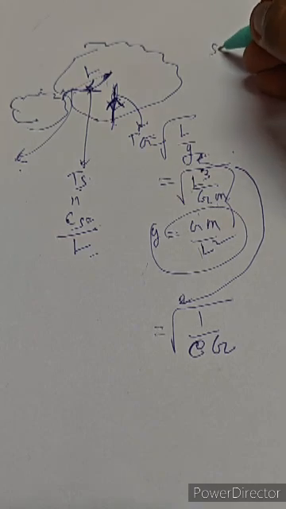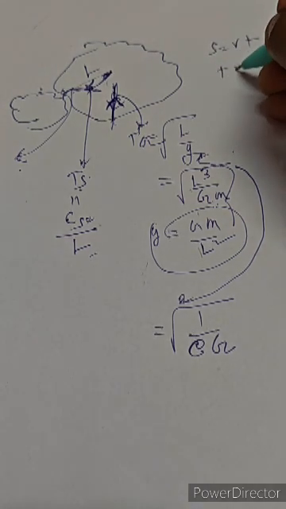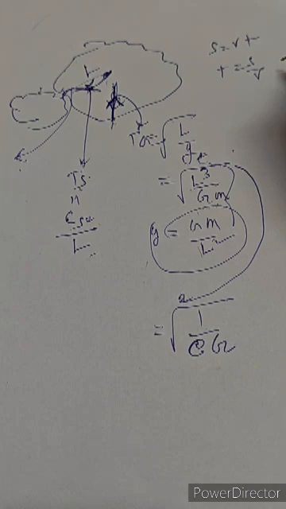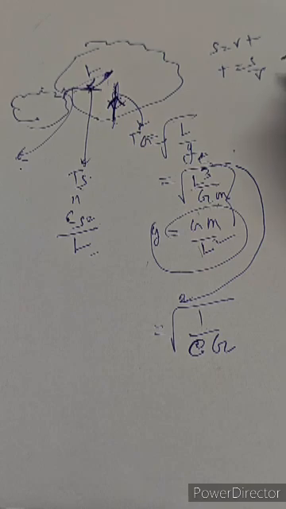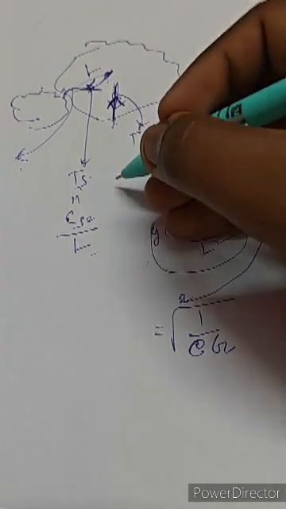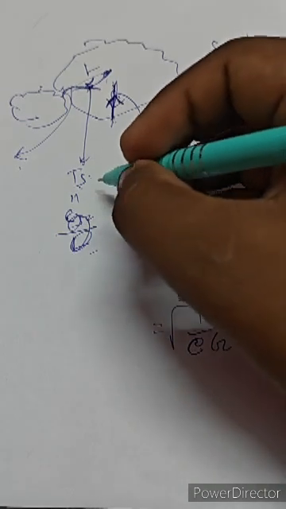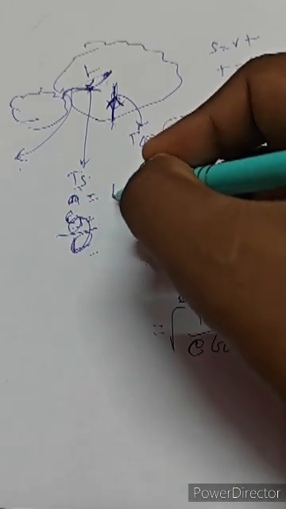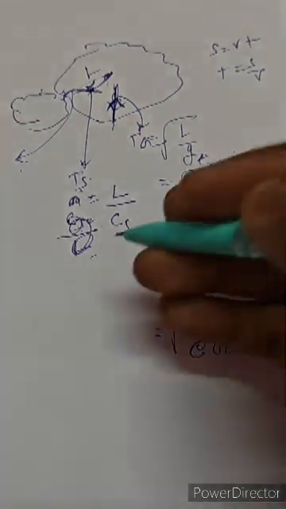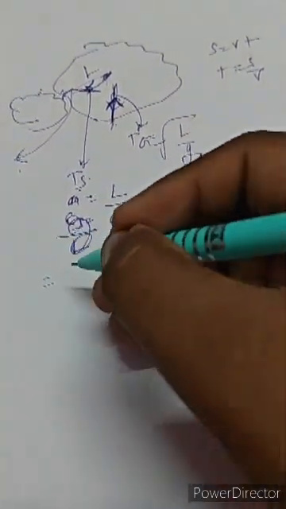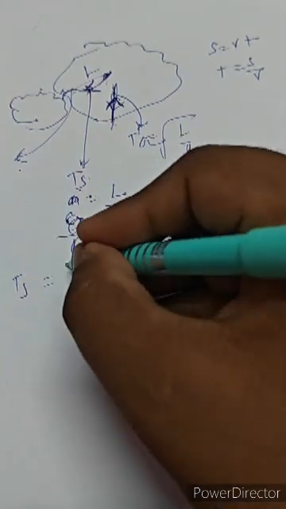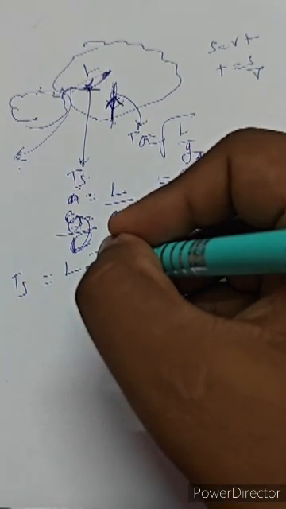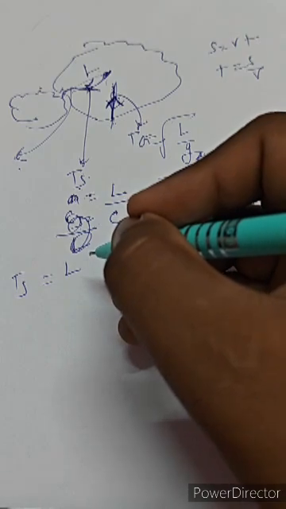It's nothing but the S is equal to Vt formula, where t is equal to S by V. I did it wrong, let me write it fresh. ts is equal to L by cs.